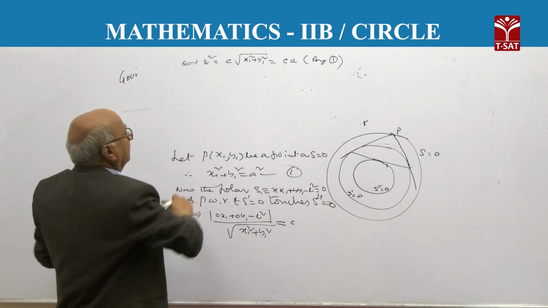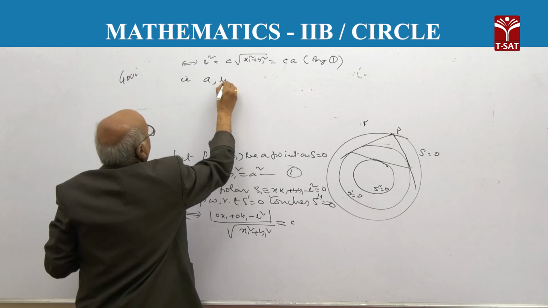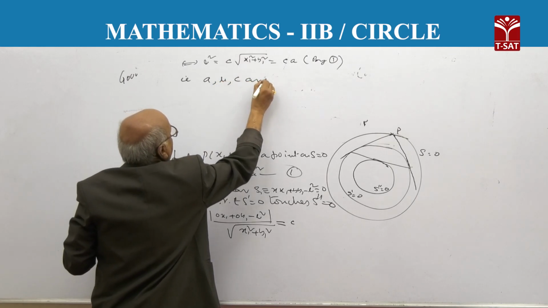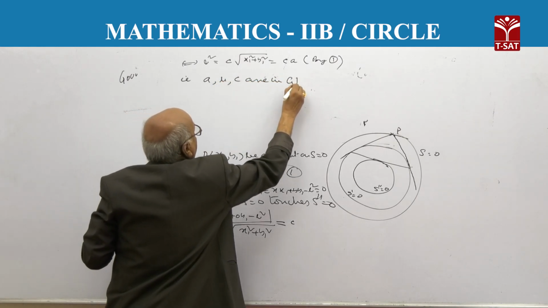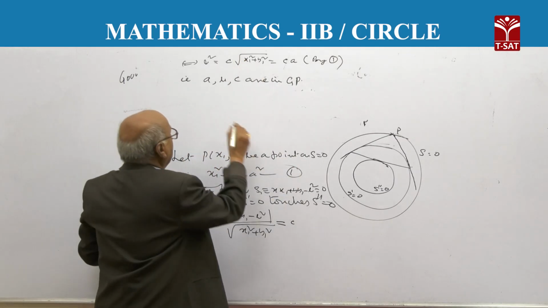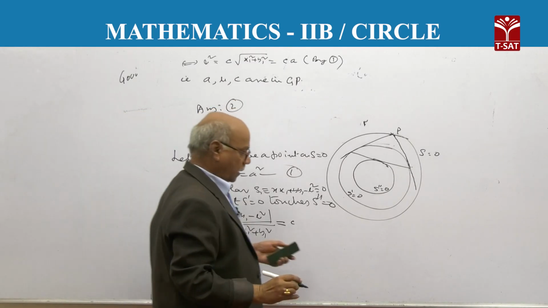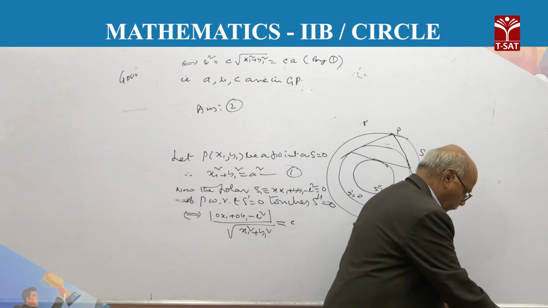So b square is equal to ca. That implies a, b, c are in geometric progression, GP. So the answer is option 2.